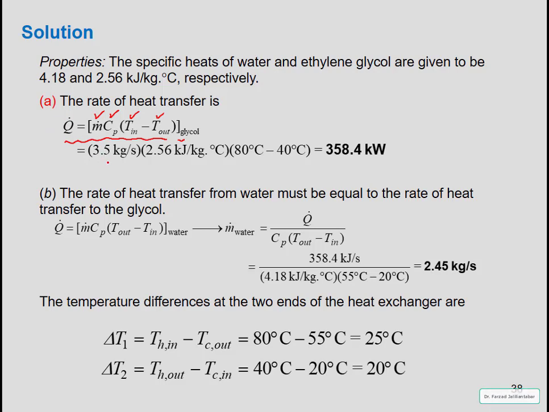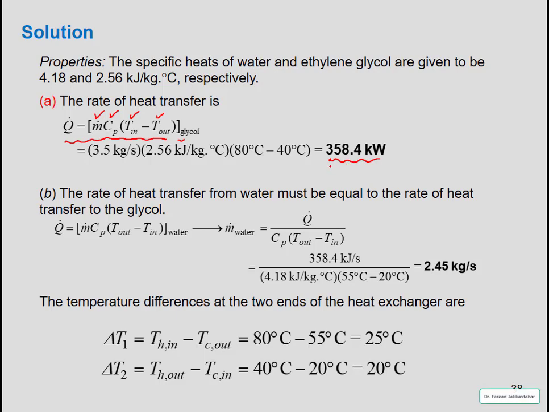M dot for the glycol was 3.5. Cp is 2.56, and the initial and final temperatures are 80 and 40. So this Q dot, or rate of heat transfer for ethylene glycol, is 358.4 kilowatts.